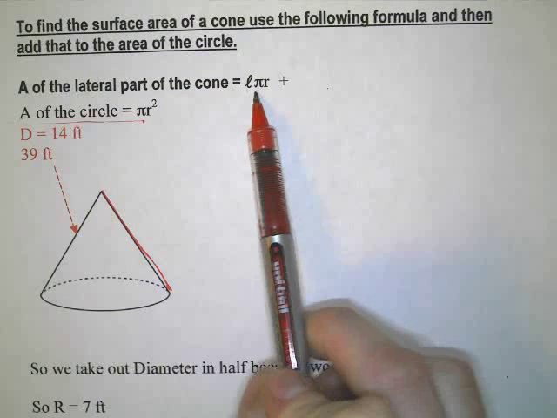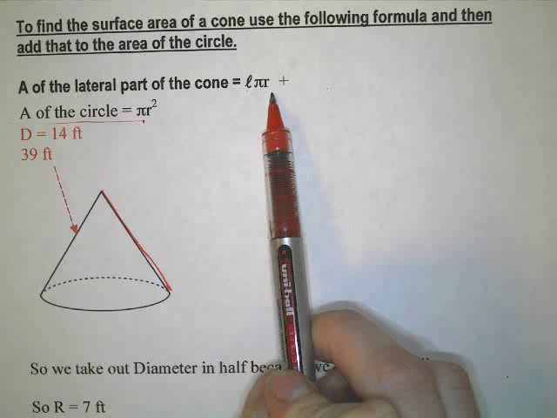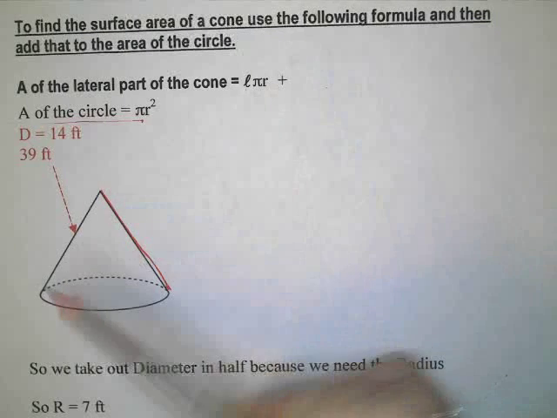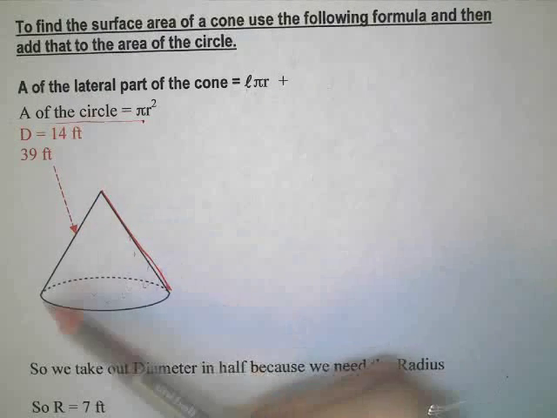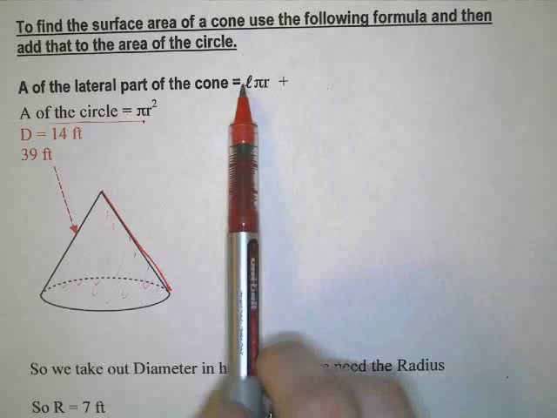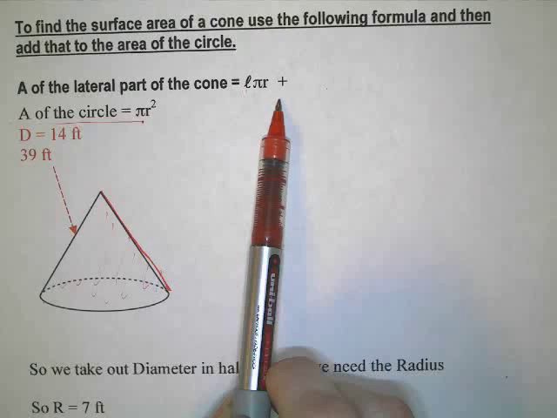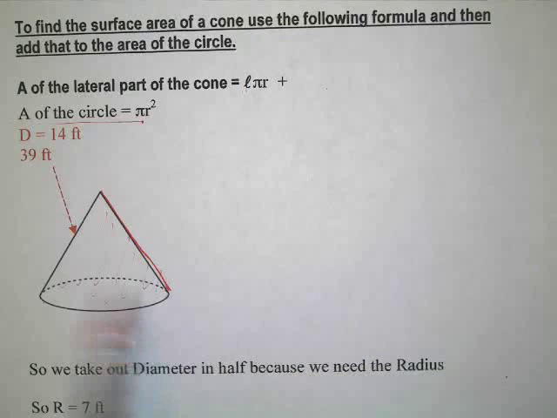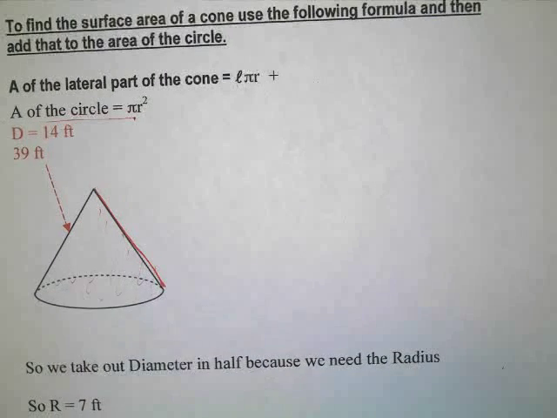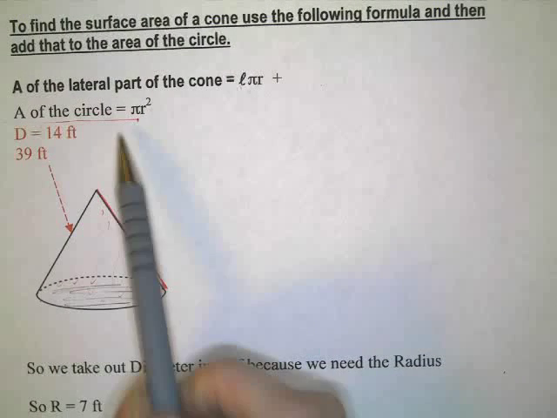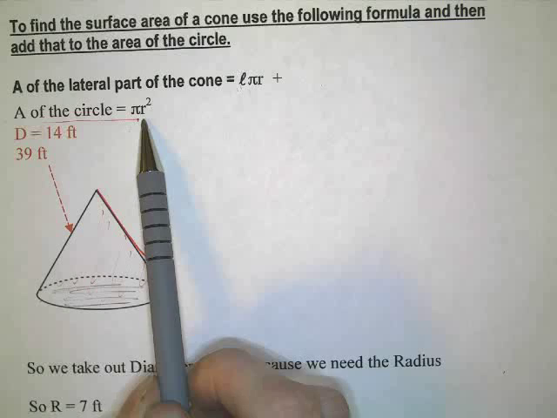And then it's pi radius. Okay, so to find the area of this little triangle looking thing is slant height pi r. Then we add to it the area of our circle, which is, as Cameron said, pi r squared.